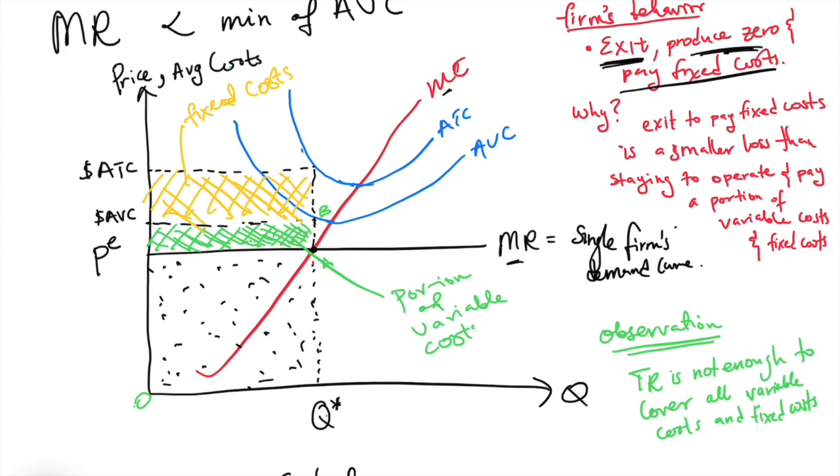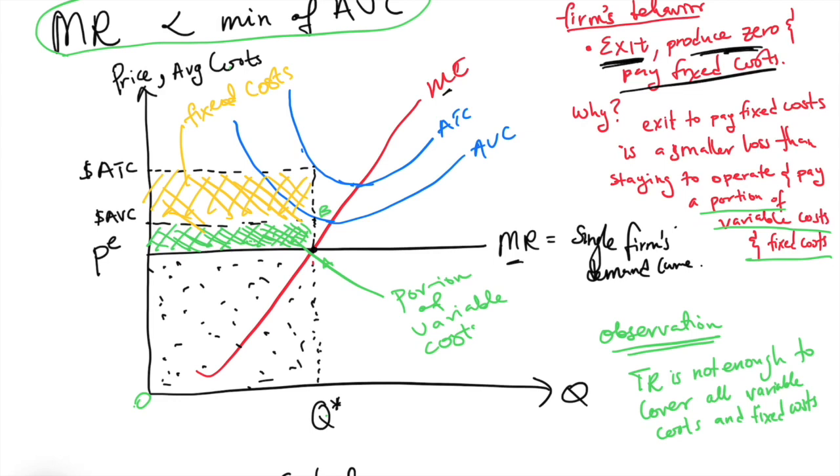When the firm exits, it only has to pay fixed costs. But when the firm stays, when marginal revenue is below the minimum of average variable costs, then they will have to figure out how to pay that portion of variable costs plus fixed costs. That's a bigger loss if they stay. And so the behavior here is exit, abandon ship, and pay only fixed costs.